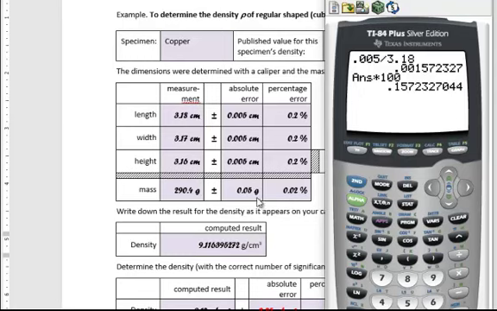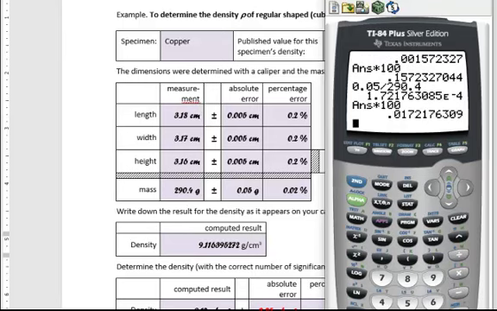For the mass, I'm going to divide 0.05 grams by the actual measurement of 290.4, and again multiply by 100 to get it into percentage. And again, just one sig fig is needed because the error itself is only one sig fig, so 0.02%.